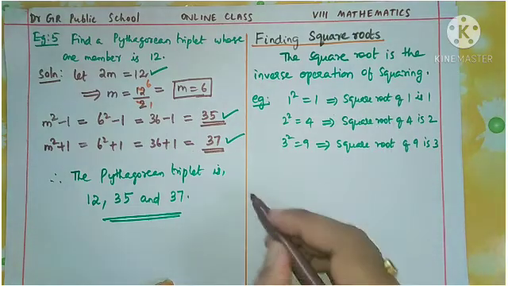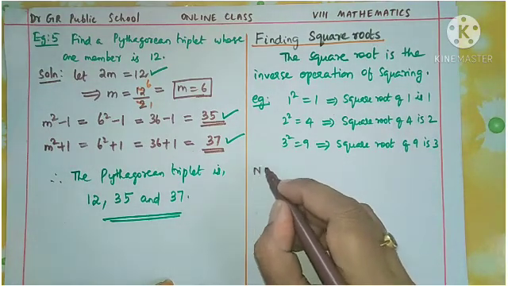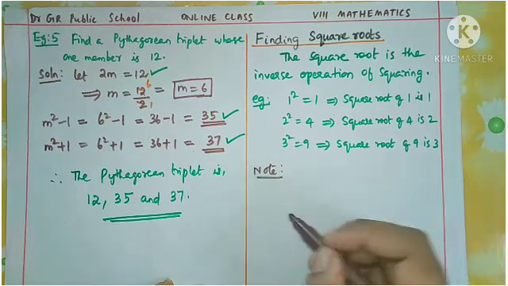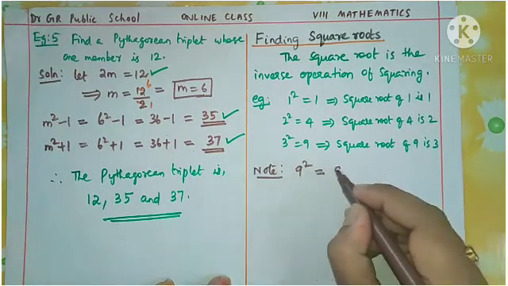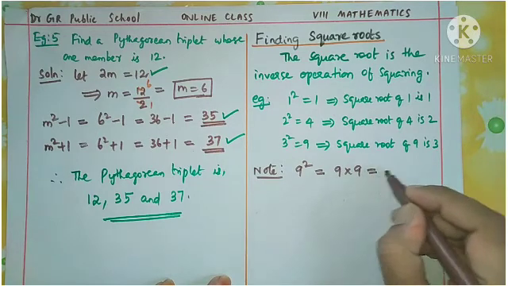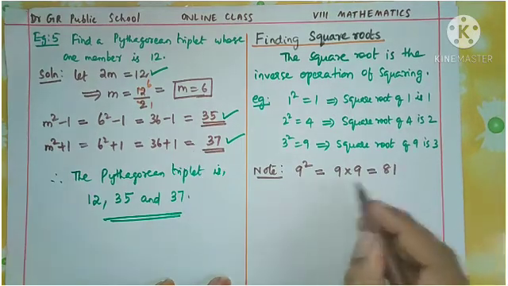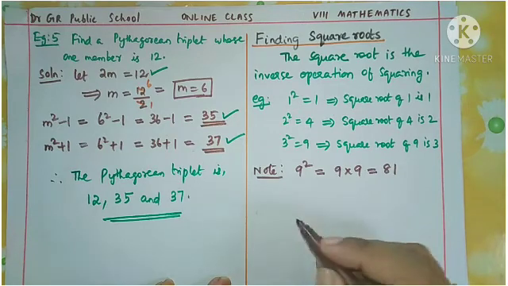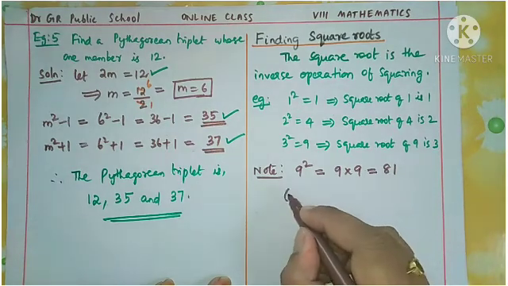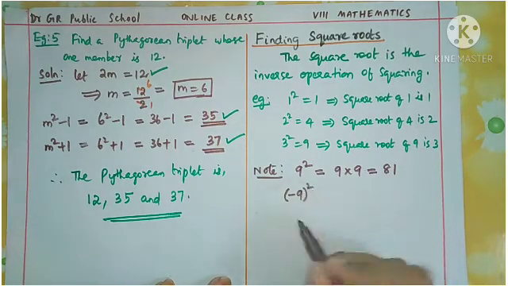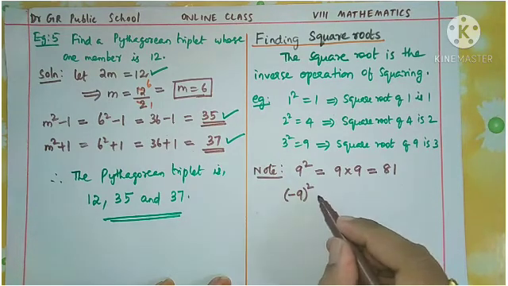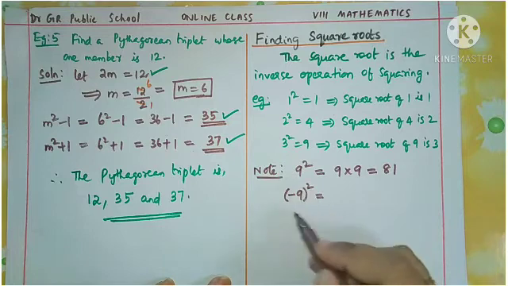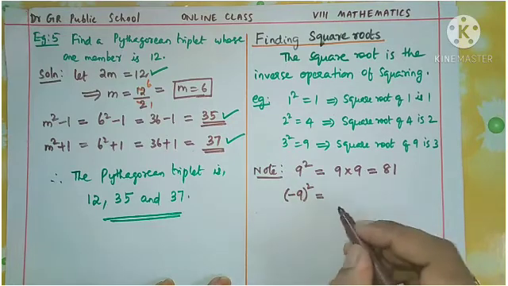Understand? Now there is another note, that is if we take the square of 9, that is 9 into 9, we know it is 81. 9 nines are 81. Now if I am taking the negative of this 9, that is minus 9, what will be the square of this minus 9?